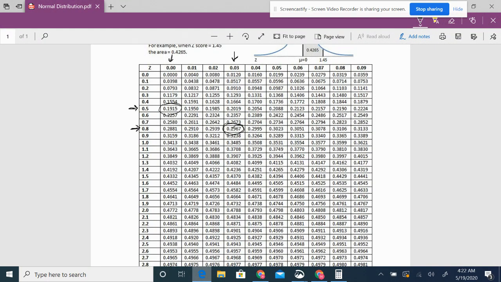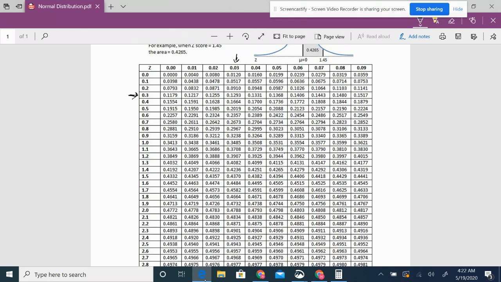Let me use my table here. All right, the first number was 0.33. So the 0.3, and then the second 3 is here.